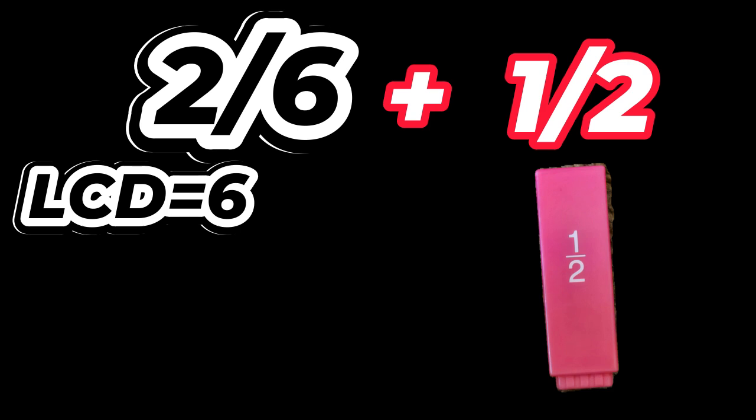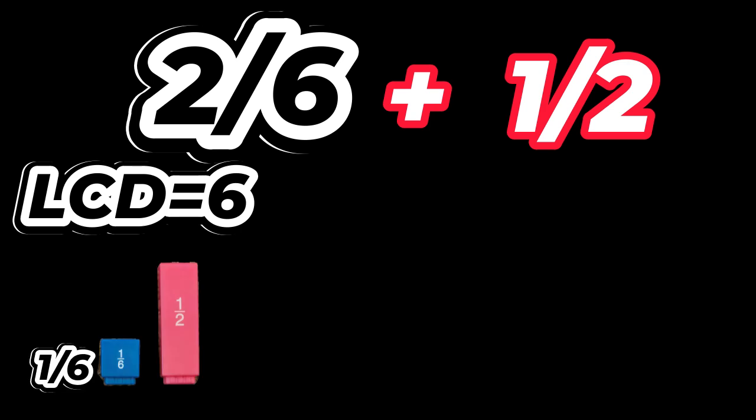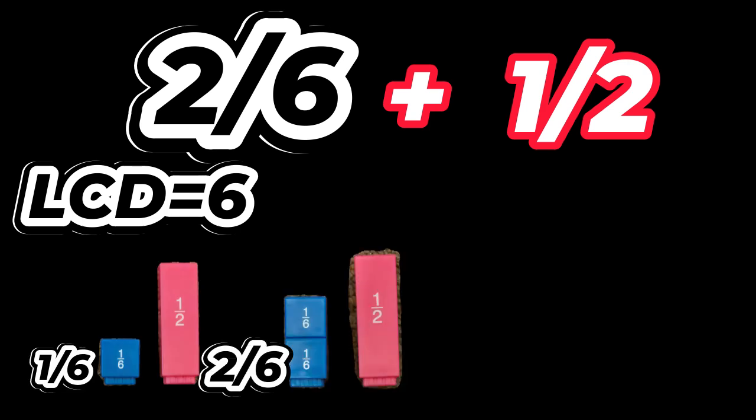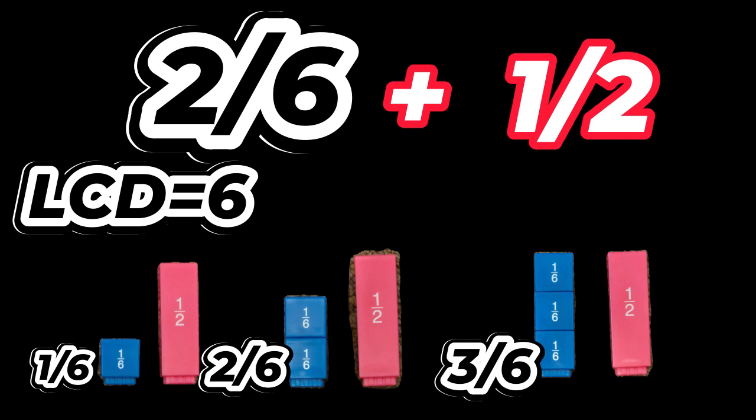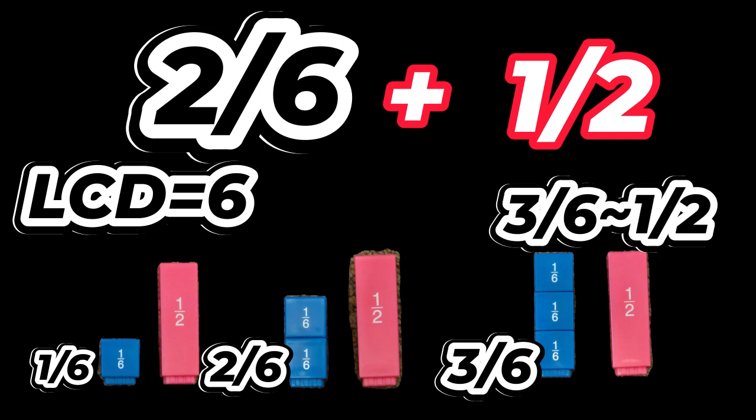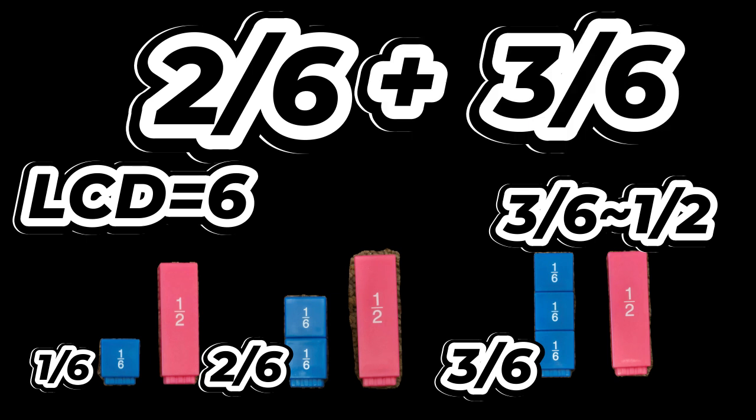So let's see how many 1/6 we will need to be equivalent to 1/2. 1/6, 2/6, 3/6. And I think we found the equivalent fraction of 1/2, which is 3/6. So now we're going to replace the 1/2 with 3/6.